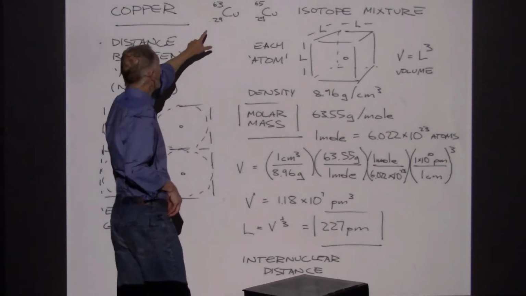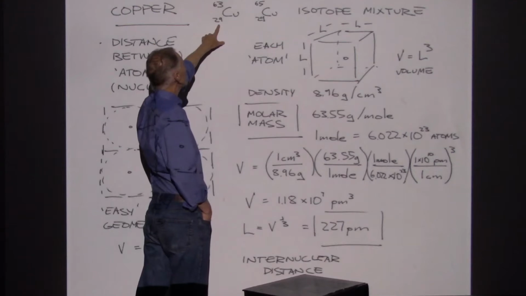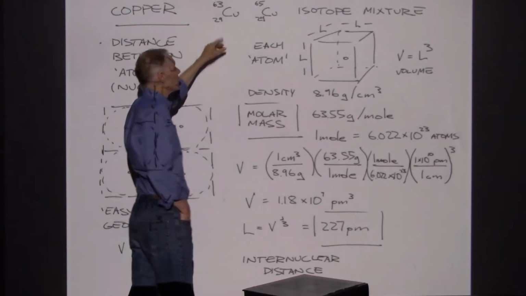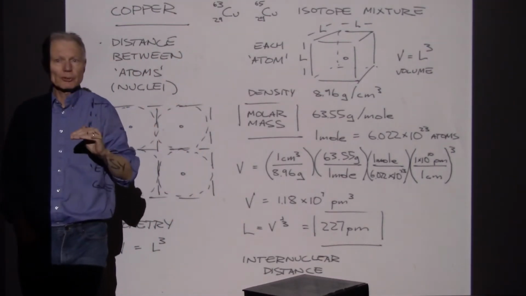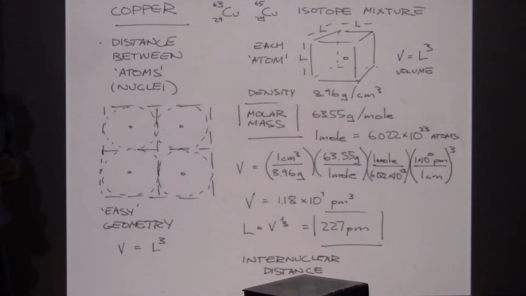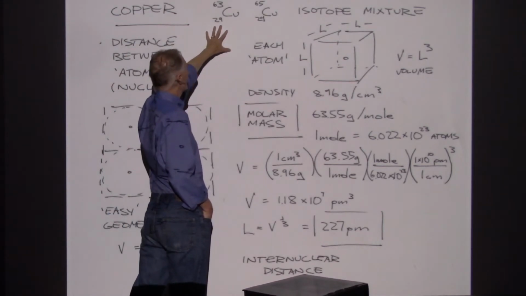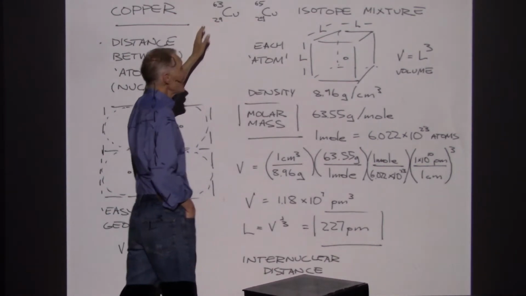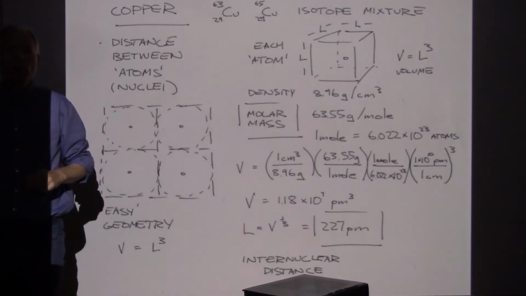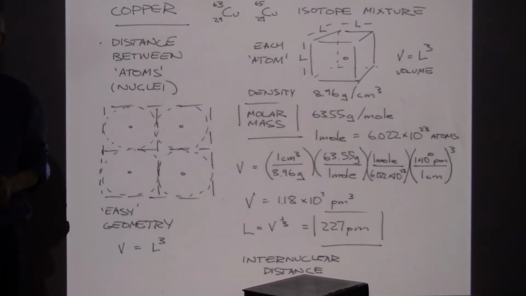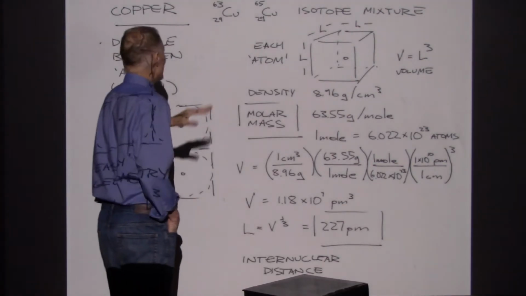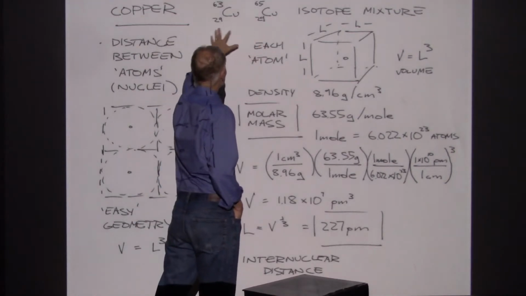In any case, copper is copper because it has 29 protons. The number of protons determines which element it is and what chemical properties it will have. So a copper atom will always have 29 protons, and then it can have a variable number of neutrons. Having different numbers of neutrons doesn't affect the chemical properties. So it's still copper, even if there's a variable number of neutrons.